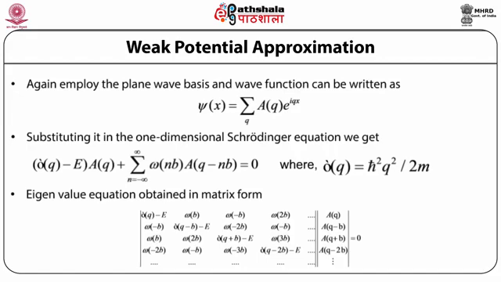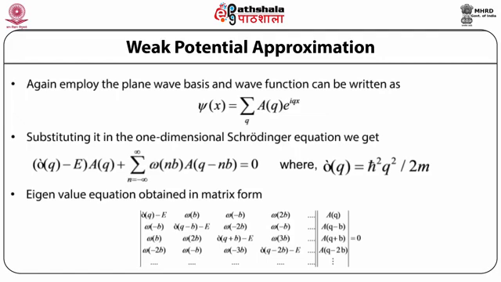Now substituting it in the one-dimensional Schrödinger equation, we get the following equation: (O_q minus E) A_q plus the summation over n from minus infinity to infinity of Ω_nb A_(q minus nb) equals 0. As before, this operator is defined as simply the kinetic energy.